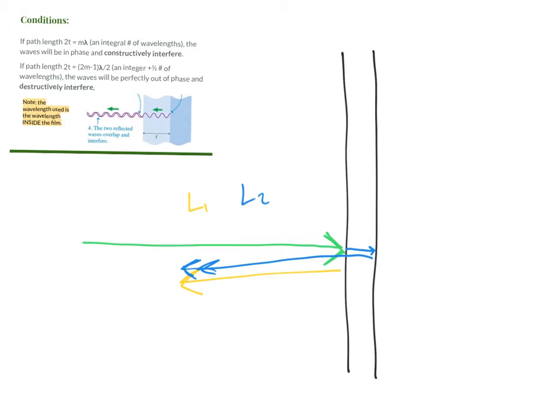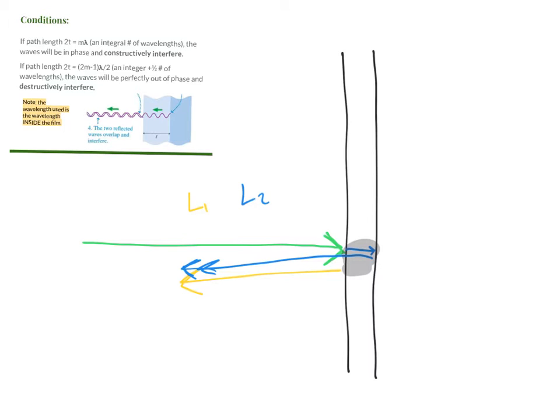So what we're going to be interested in is the difference in path length. And that difference happens right here in the picture, okay? Where the blue partially transmitted light goes through the mirror to the back and bounces back again.